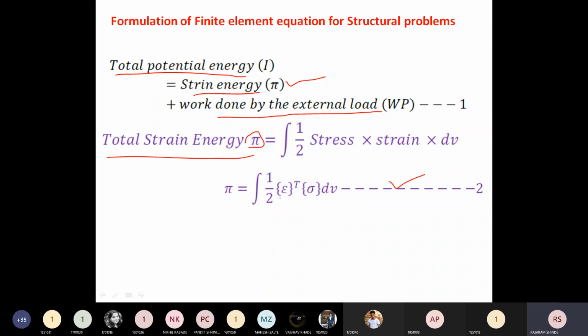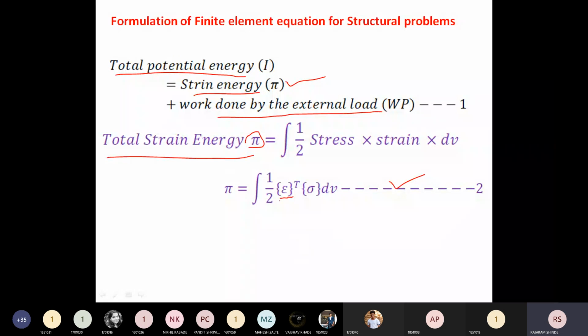Now I will consider the initial strain also. When we use this equation, you get the strain energy due to total strain. But the resultant strain is total strain minus initial strain.